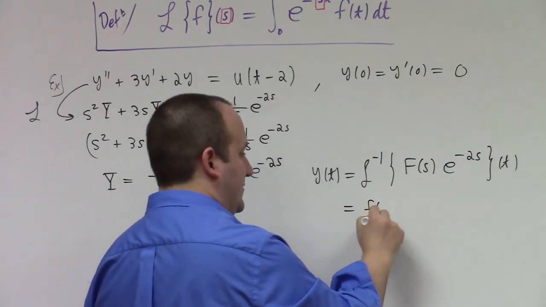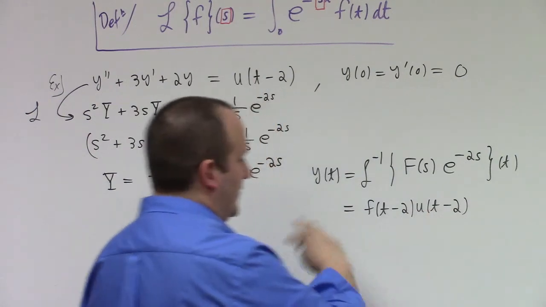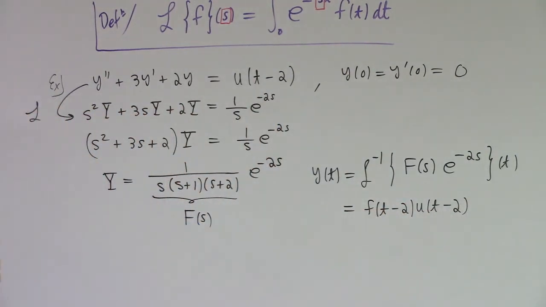That's f of t minus 2 times u of t minus 2, which intuitively makes so much sense. If I'm assuming that the initial condition is 0 and 0, what that says is that y just sits there at 0 until time 2, when it responds to the forcing function turning on at time 2.